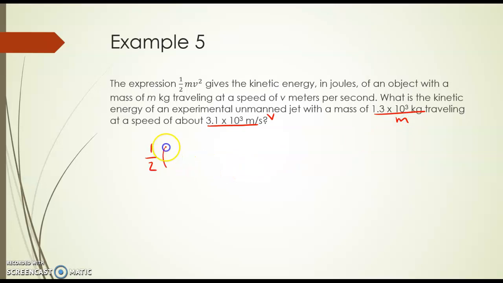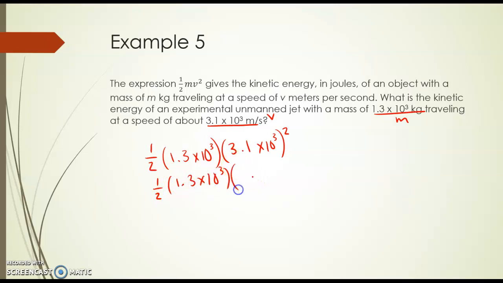So 1/2 times 1.3 times 10 to the 3rd times 3.1 times 10 to the 3rd, but this one is squared. So keep the 1/2. Keep the 1.3 times 10 cubed for now. Not doing anything with it yet.